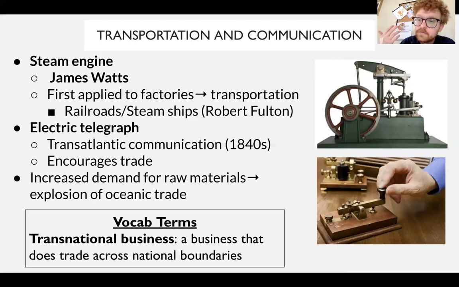Some countries, as we will talk about later in this unit and in the next unit, are going to be the exporters of raw materials. And this is going to have profound economic and political implications. So the growth of international business as a result of the telegraph is leading to increased and renewed definitions of who controls trade.